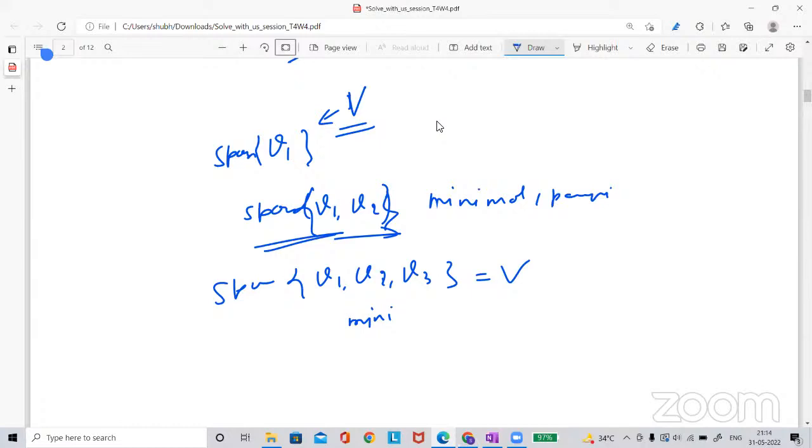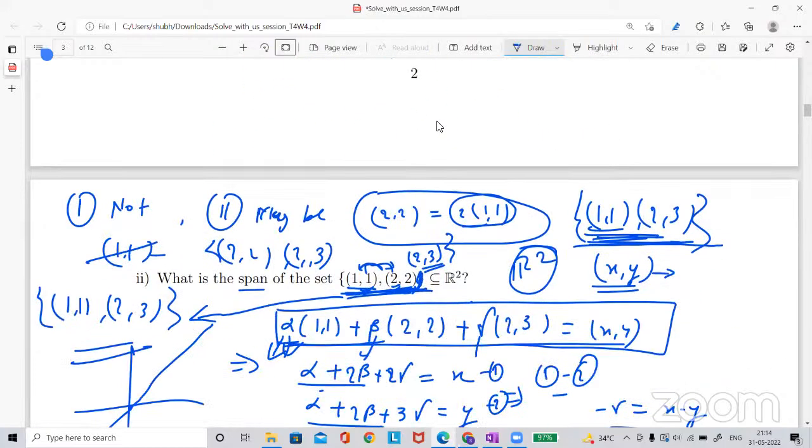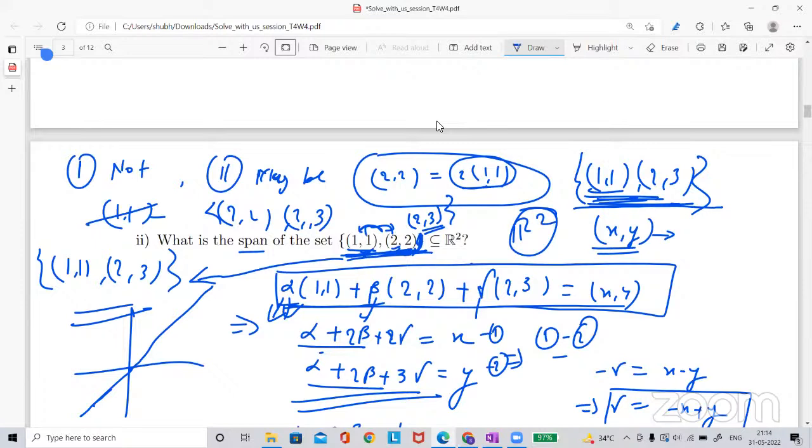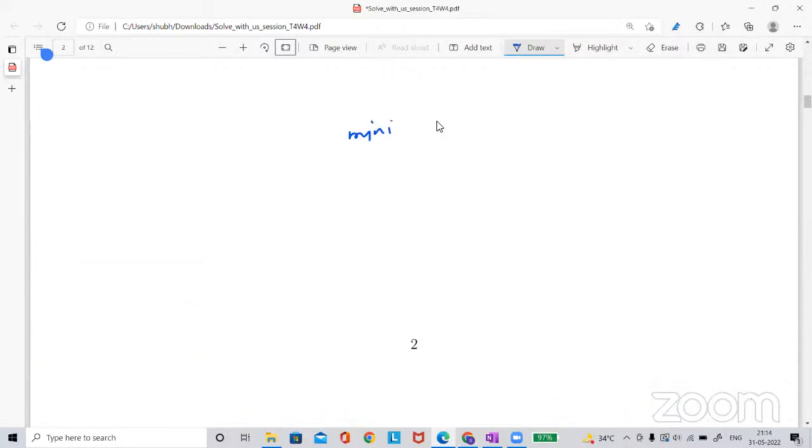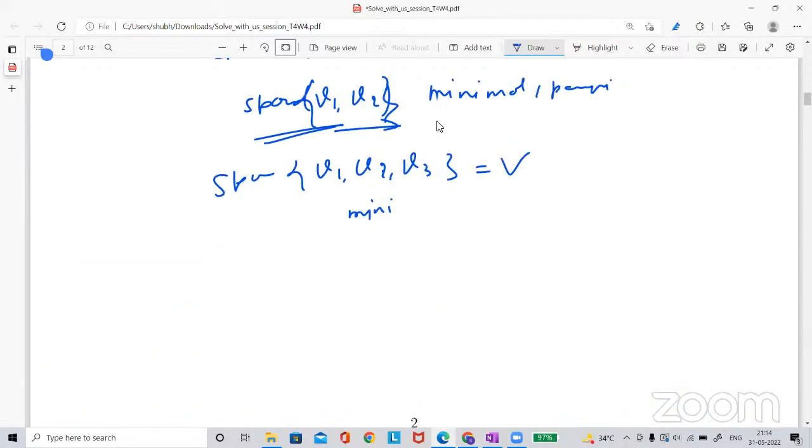Sir, if it is a maximal linearly independent set or a minimal spanning set, then it is already a basis. Yes, sir, my doubt is this. Even if you take minimal, it is linearly independent, and with maximal linearly independent, all the elements are linearly independent. That's why I said they are the basis. These are one and the same thing.